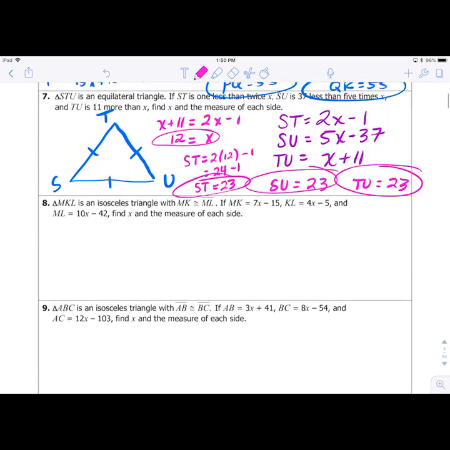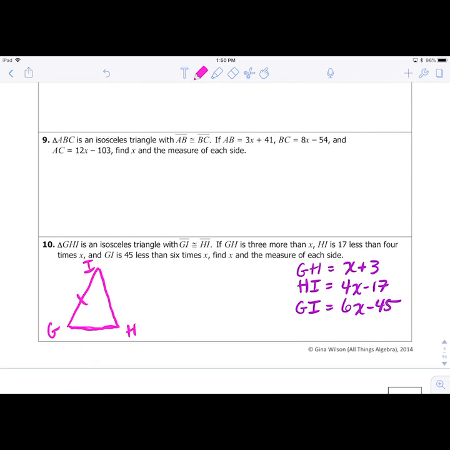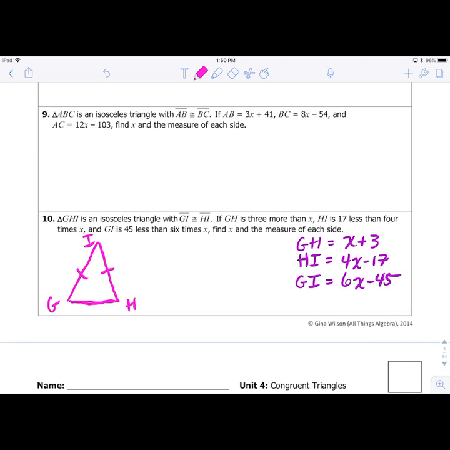GI is congruent to HI. Okay? And then we decode. GH, 3 more than X. Remember, more than is addition. HI, 17 less than 4X. Okay? 4 times X, rather. All right? So which two of these can we set equal to each other? We can set GI equal to HI, solve, find the measure of each side. Let's get it done. Okay?